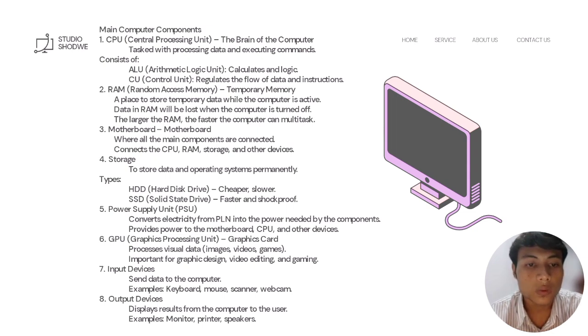Motherboard, where all the main components are connected. Connects the CPU, RAM, storage, and other devices. Storage to store data and operating system permanently. Types: hard disk drive, HDD, slower, SSD, solid state drive, faster and shockproof.